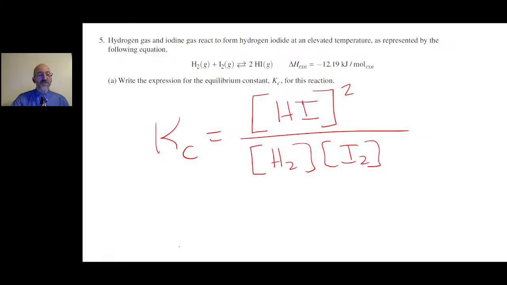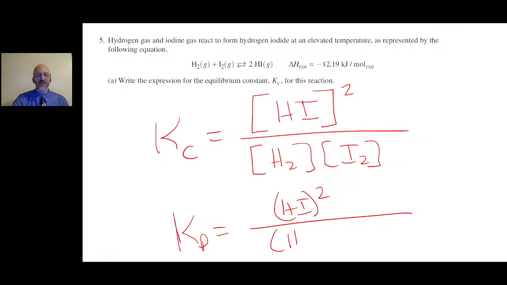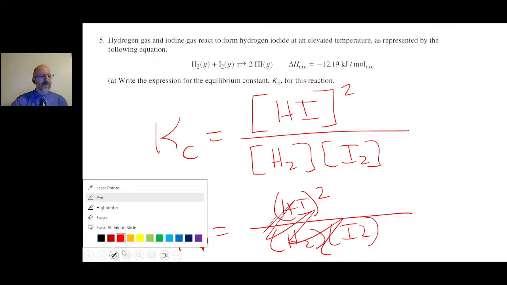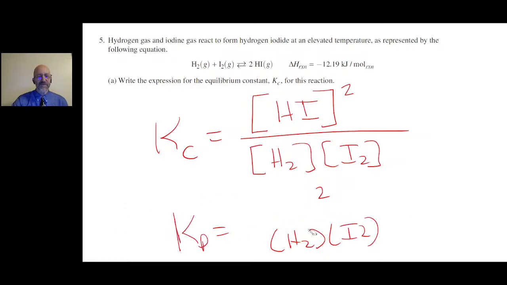Okay, now if they asked you to write the Kp for some reason, this is not enough. Some students think, I'll just change my hard brackets to parentheses. No, no, no, no, no. Okay, so let me go ahead and switch to my eraser so I can get rid of all this.